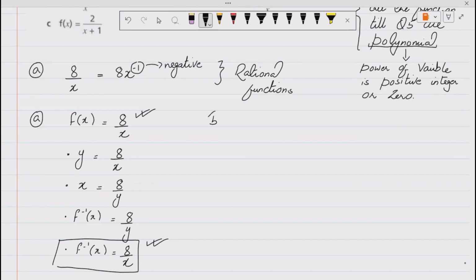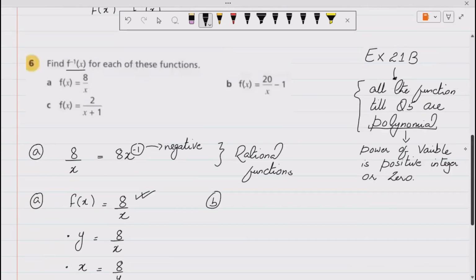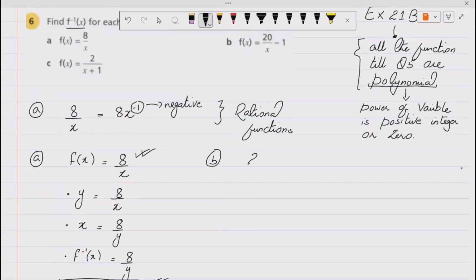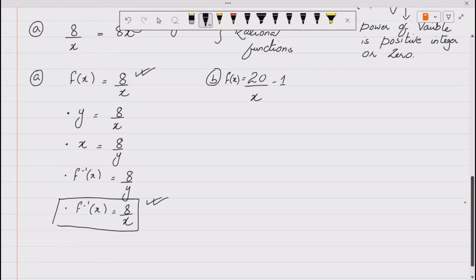Let's do part B. Part B is f of x equals 20 over x minus 1. So again y equals 20 over x minus 1. This is the first step. The second step is y plus 1 is equal to 20 over x.